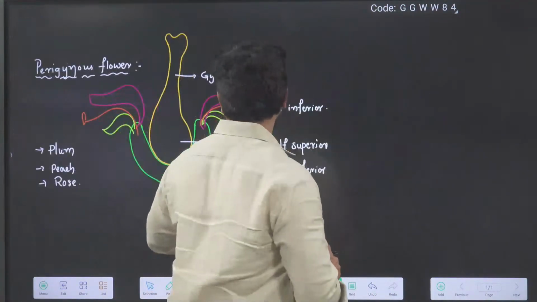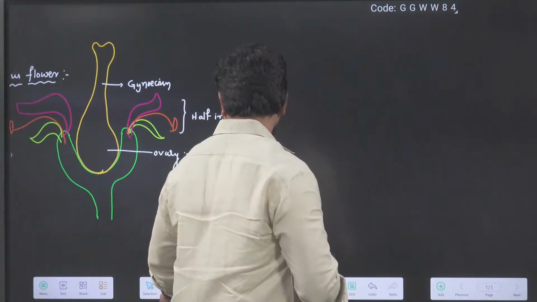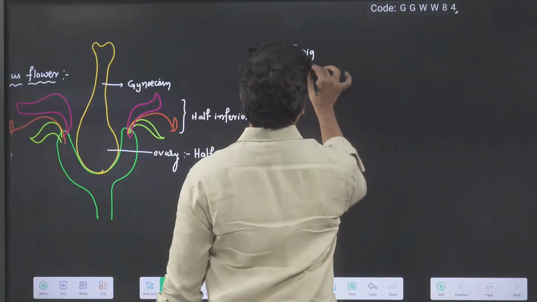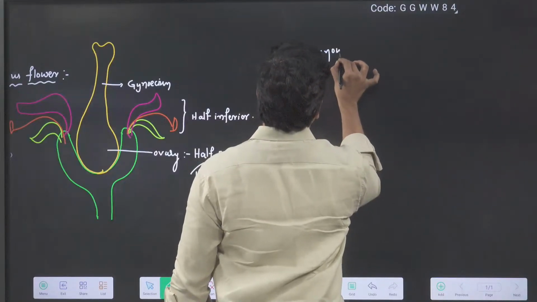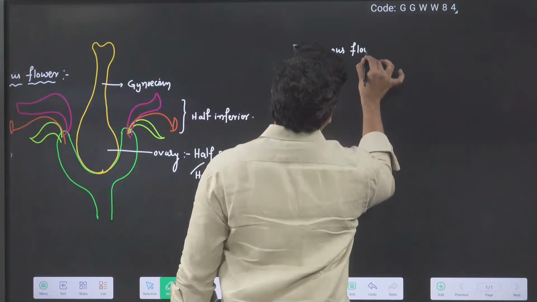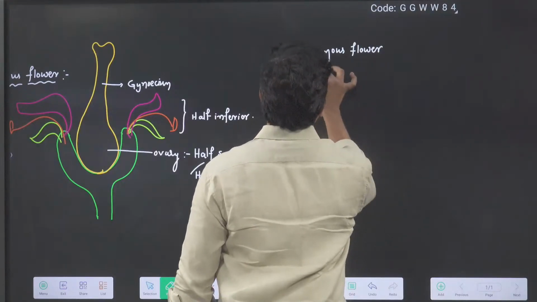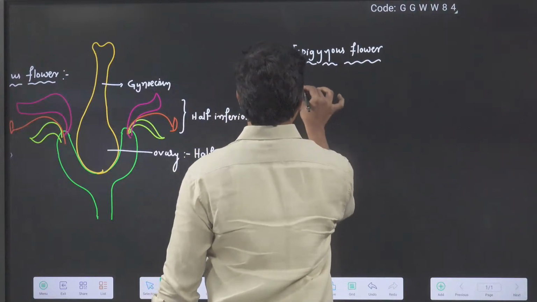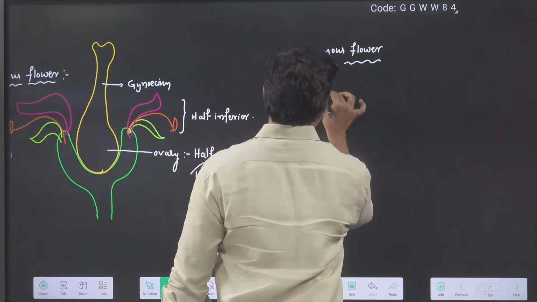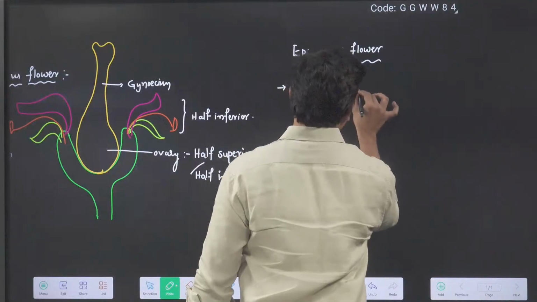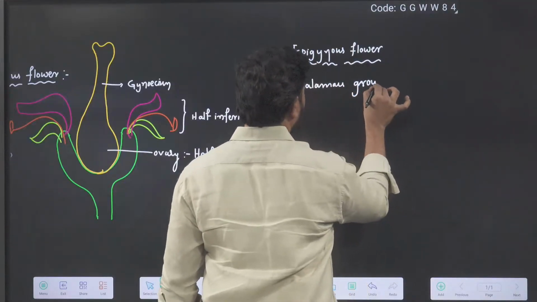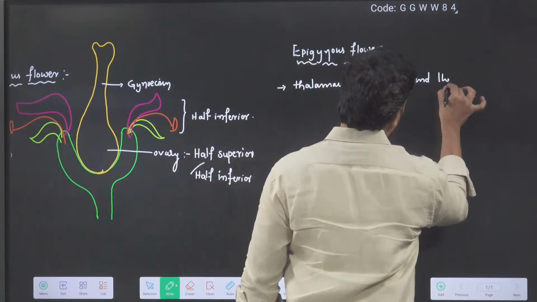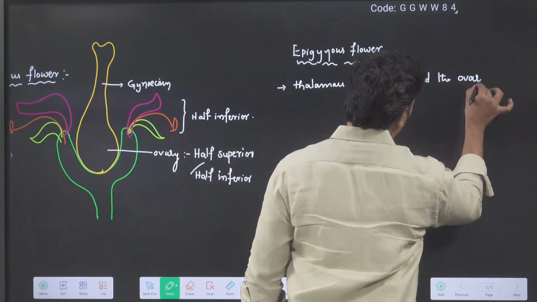Then go to another variety of flower, that is the epigynous flower. What do we mean by epigynous flower? The thalamus grows around the ovary. This is an interesting feature.